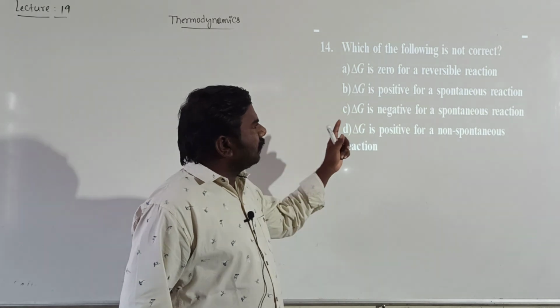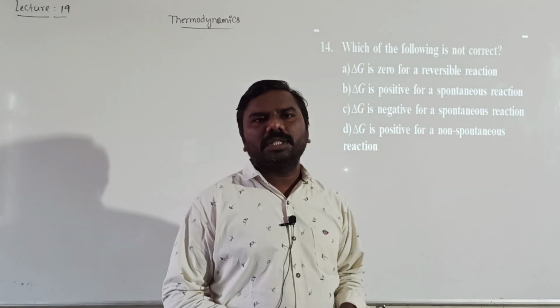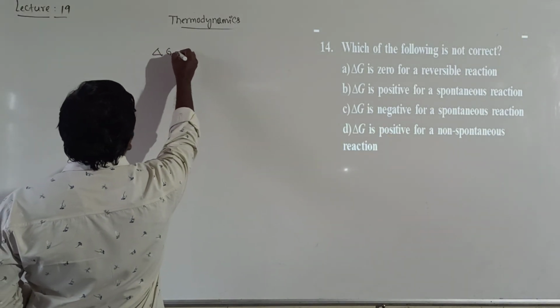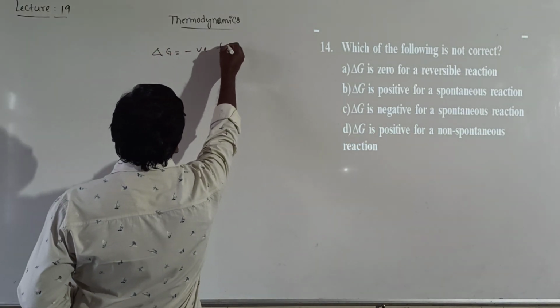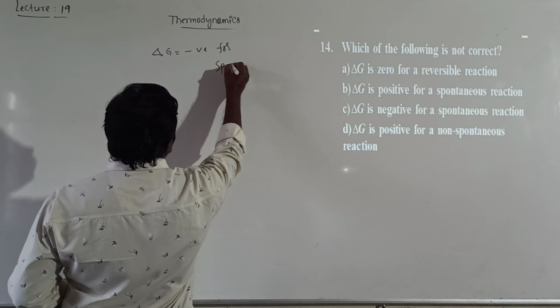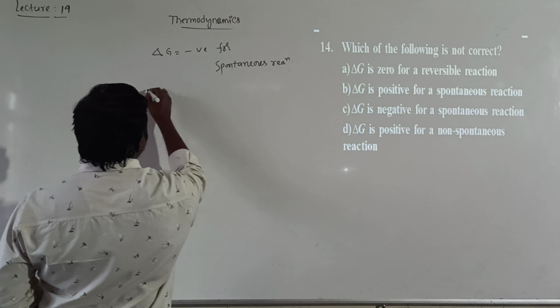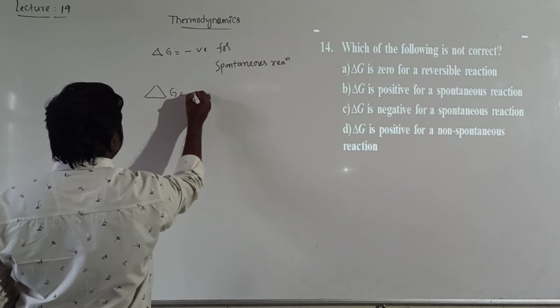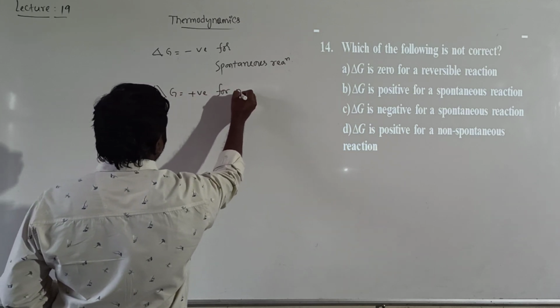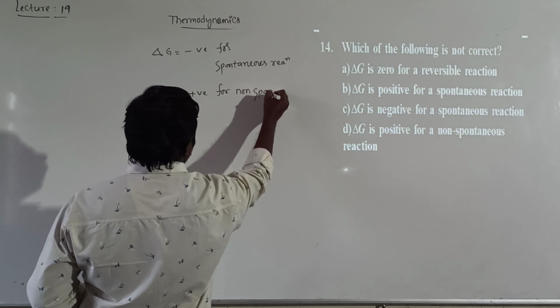Next, delta G is positive for a spontaneous reaction. No, delta G is negative for spontaneous reaction. Delta G is positive for non-spontaneous reaction.